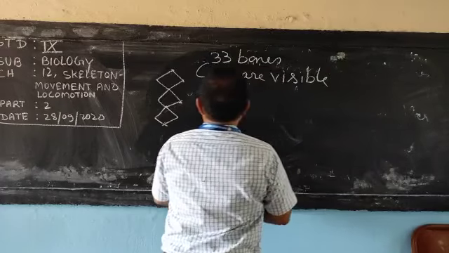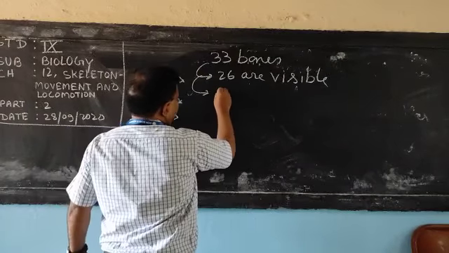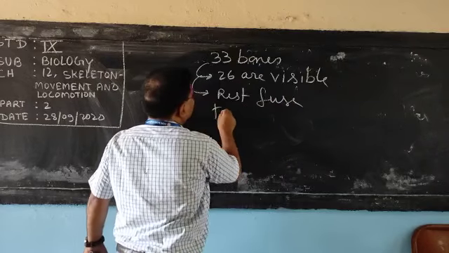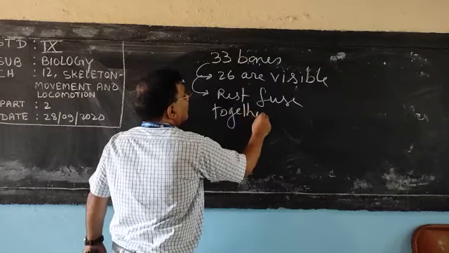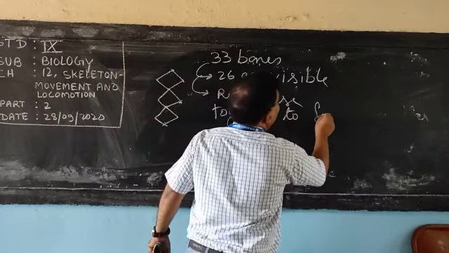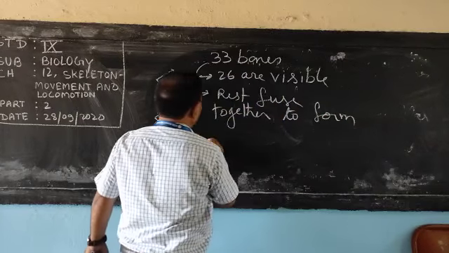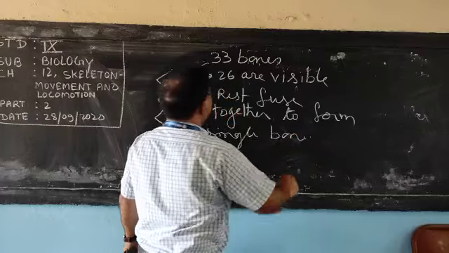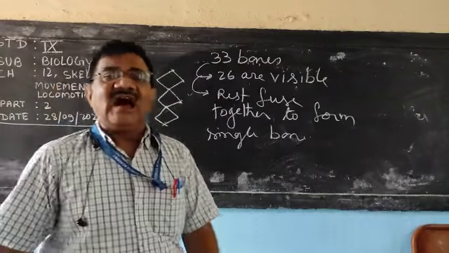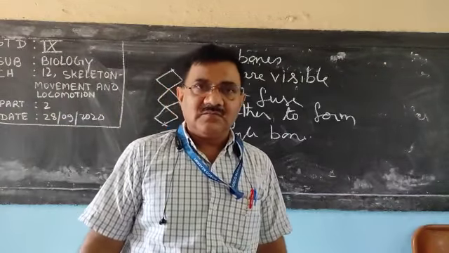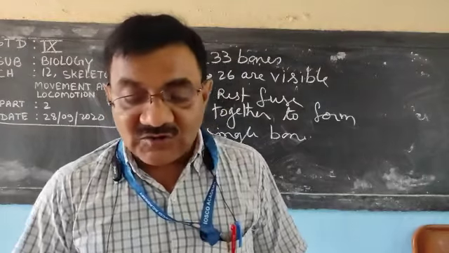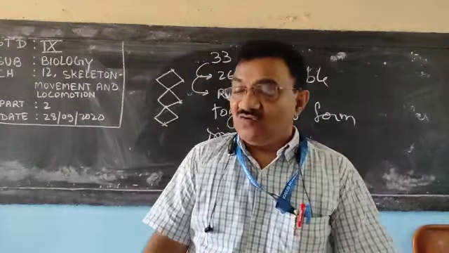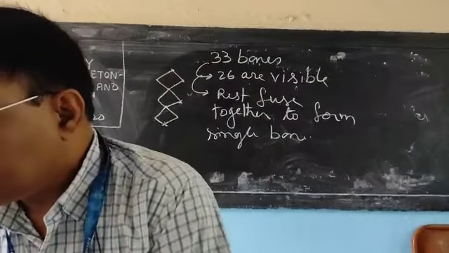The rest fuse together to form a single bone. Okay, we will discuss in detail. Means in our backbone or vertebral column, a total of 33 bones are there. They are attached to each other.